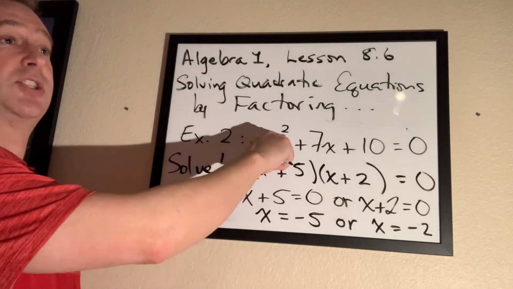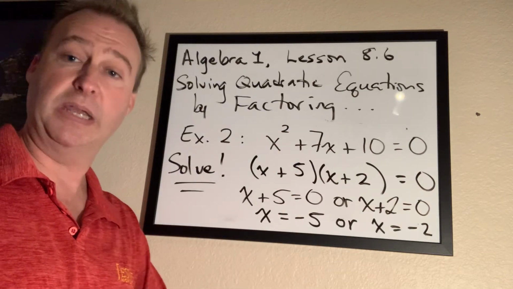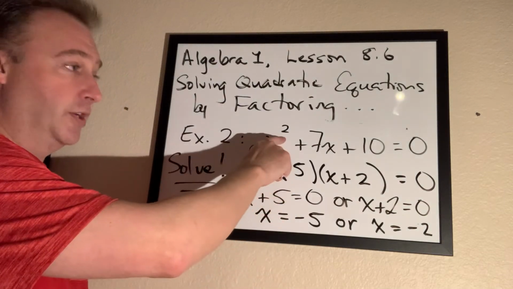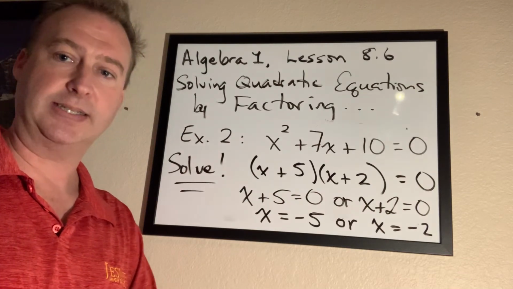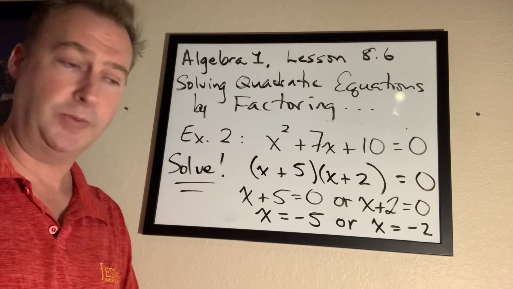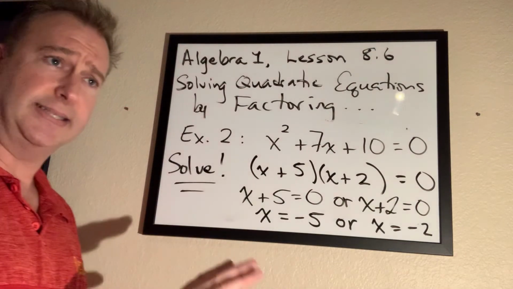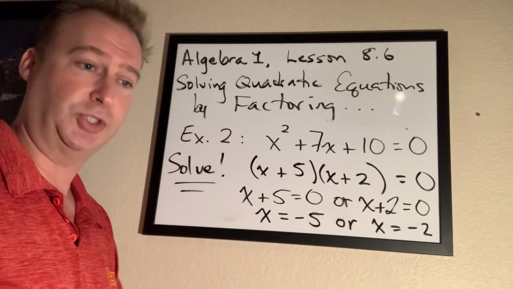The degree is 2, right? x squared. The fundamental theorem of algebra basically states that whatever your degree is, that is the number of solutions you can expect to have. There are some nuances to that we'll get into in Algebra 2, but basically that's what it says. You have a degree 2, you can expect 2 solutions.